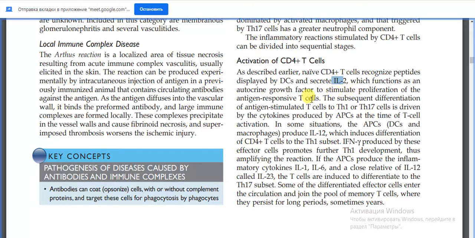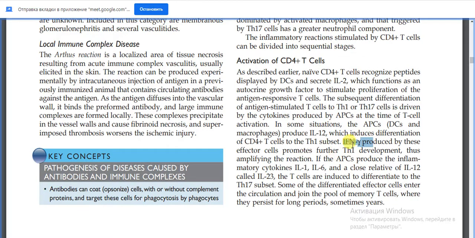Subsequent differentiation of antigen-stimulated T cells to Th1 or Th17 cells is driven by the cytokines produced by APCs at the time of T cell activation. So the same process happens for differentiation, but don't care about this. In some situations, the APC produces interleukin 12, which induces differentiation of CD4 positive T cells to the Th1 subset. Interferon gamma produced by these effector cells promotes further Th1 development, which also amplifies this reaction.